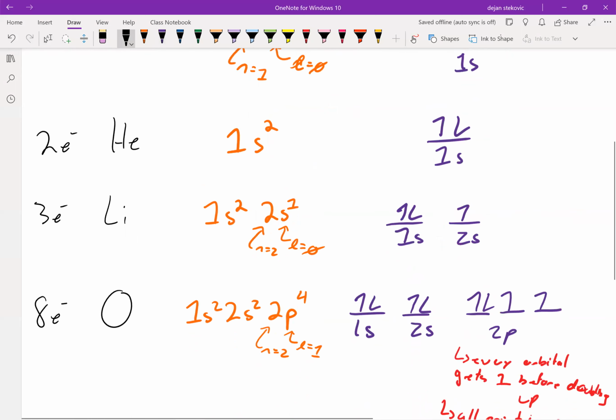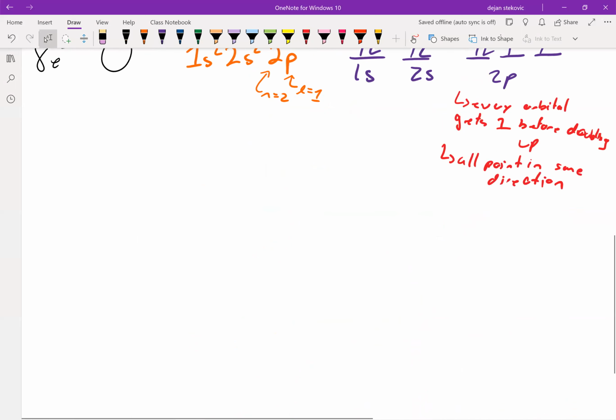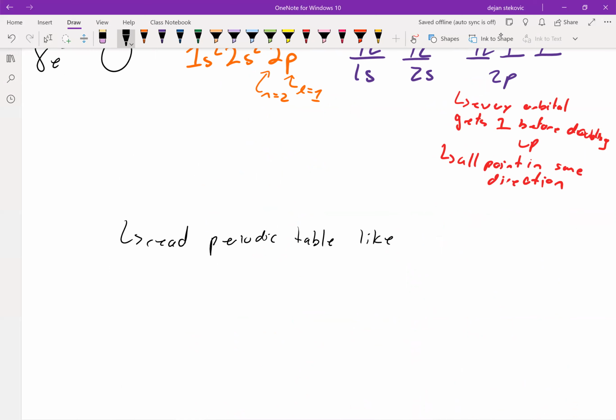Now, all of this might sound very complex, but if you have a periodic table, it couldn't be simpler, right? So all we're going to do is read the periodic table like a book. Right, so we're going to read left to right, line by line.